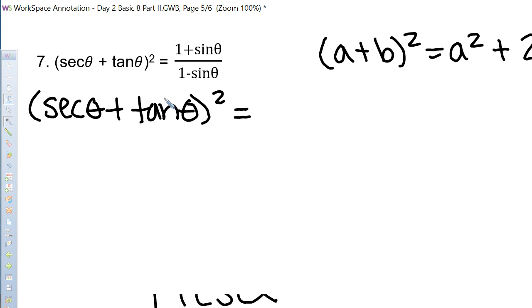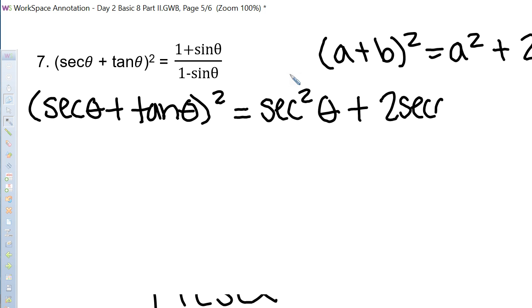So the same process over here. When you square the first term, what do you get? Secant squared of theta. Multiply these and double it, what does that give us? 2 secant theta, tangent theta.